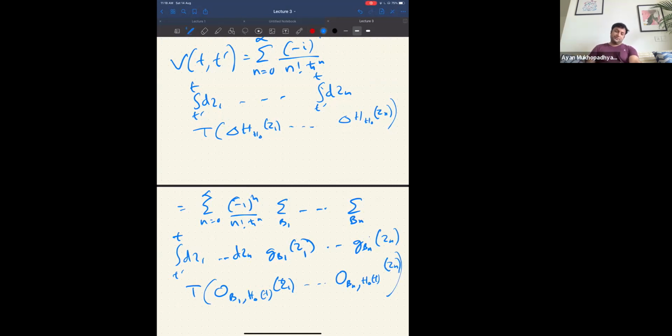So this is exactly equation 14 which I wrote down. I simply rewrite what delta H is here, and I get this.